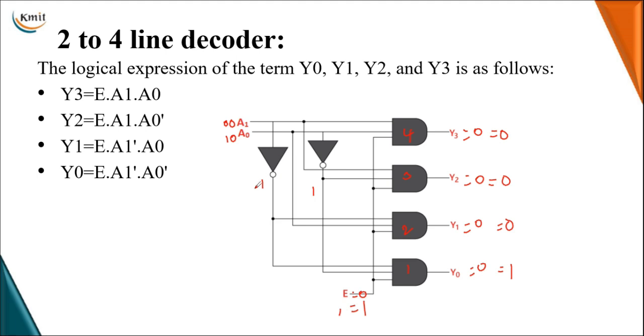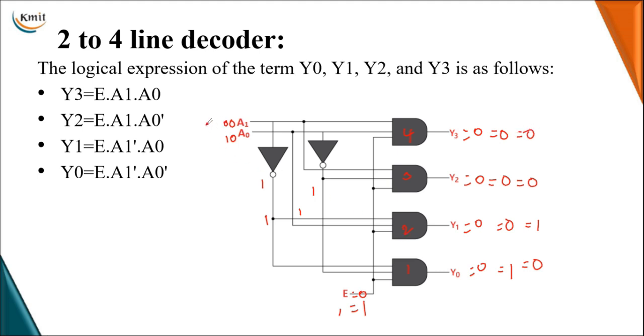As it is A1 bar and A0, A1 is 0, so its complement is 1, and A0 for the combination 0 1 is 1. Hence the output for the applied input 0 1 on your decoder will give you logic 1. The remaining outputs of your AND gates will give you logical 0.